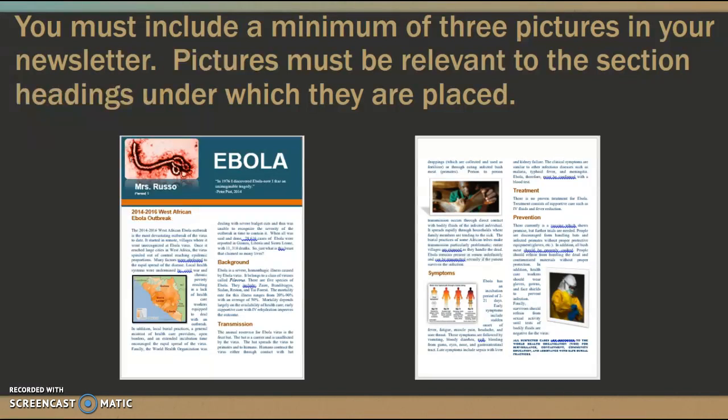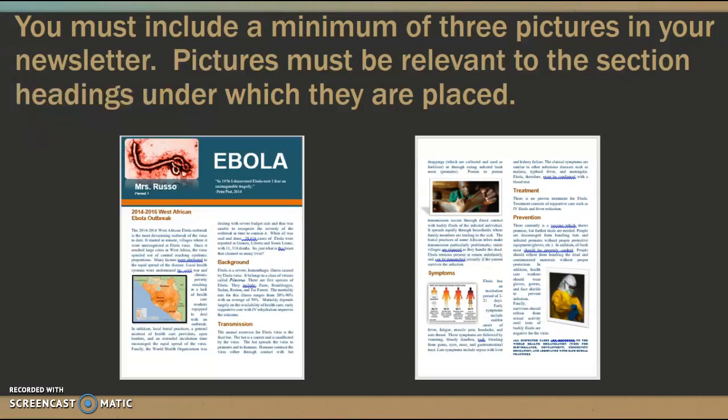If you look at my newsletter, you'll see that in the title bar, I have a picture of the Ebola virus as it appears through an electron microscope. And under the West African Ebola outbreak, there's a picture of a map that depicts the countries within West Africa where this outbreak took place.